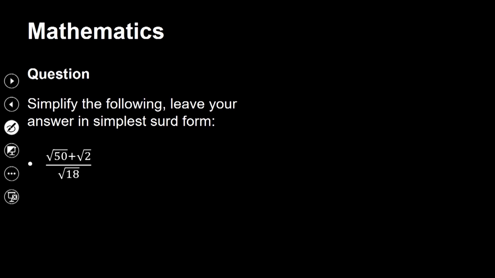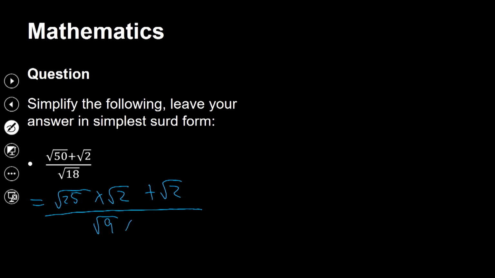To do that, or rather to simplify, I will change this into the square root of 25 multiplied by the square root of 2, plus the square root of 2 divided by the square root of 9 multiplied by the square root of 2.